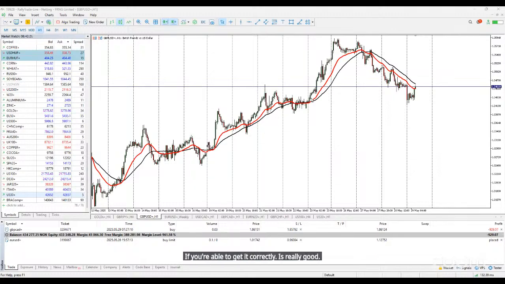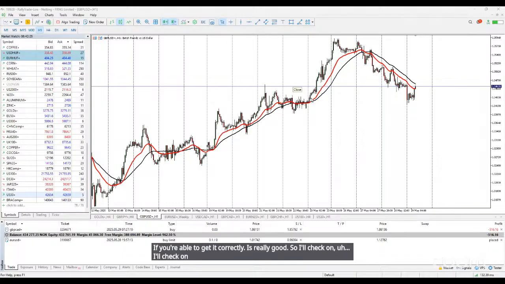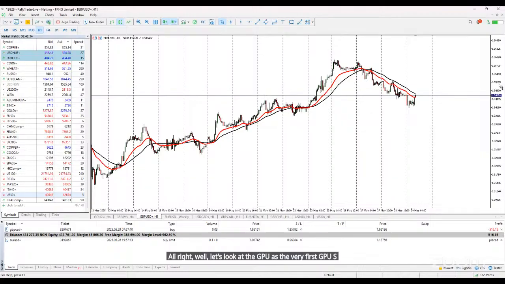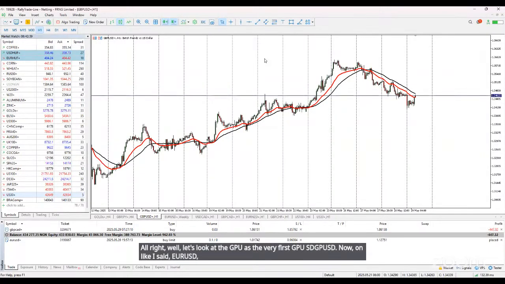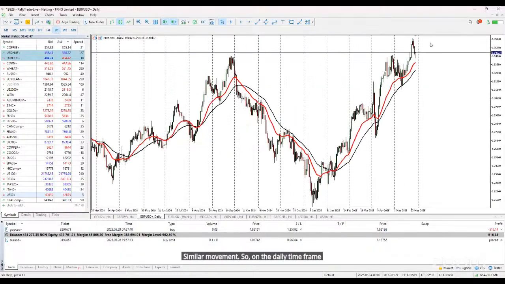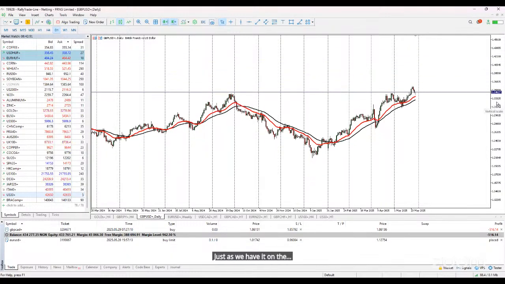So I'll check on GBPJPY, I'll check on US 100, I'll check on USDJPY. All right, let's look at the GBP USD very fast. Like I said, Euro USD and GBP USD both have a similar movement. On the daily time frame, we can see something here just as we have on the Euro USD.